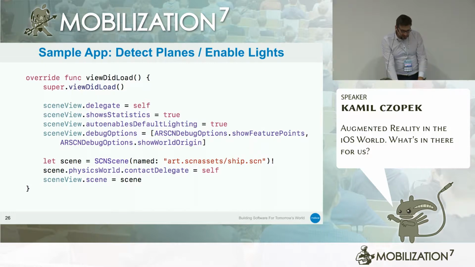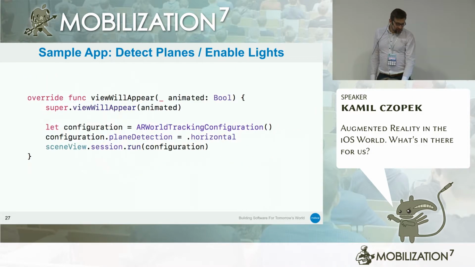Auto-enable default lighting is set to true. Debug options: one, show feature points, is going to cause us to see some points on the ground, and the other one shows world origin, which is the X, Y, and Z axis. And we also here set ourselves as physics world contact delegate, and this is for handling collision between nodes. I'm going to get to that.